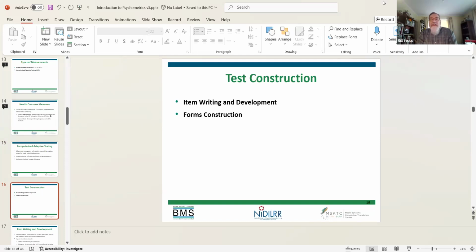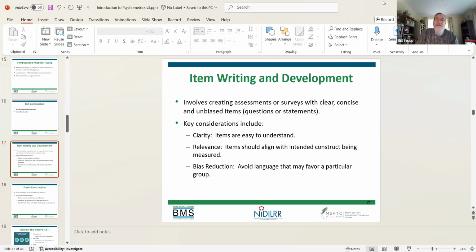So to have a test, you have to have items and you have to have forms. And so, kind of a big deal in psychometrics is item writing and forms construction. And there's actually some pretty good guidelines out there for how to do this. But one of the main things about building good items is they really have to be clear and concise.